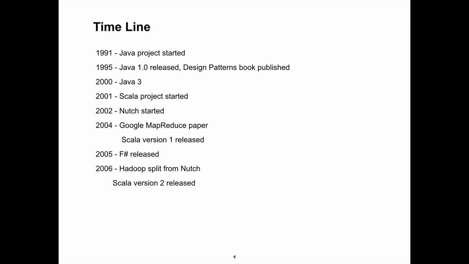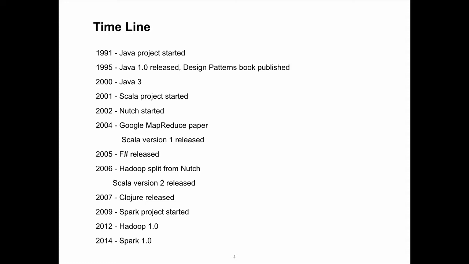Since Spark was started a number of years after functional programming became popular, Spark is heavily influenced by functional programming, right? And that's one of the reasons why we want to use Scala.